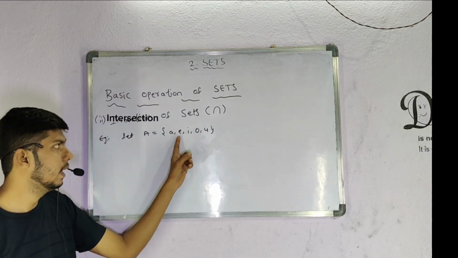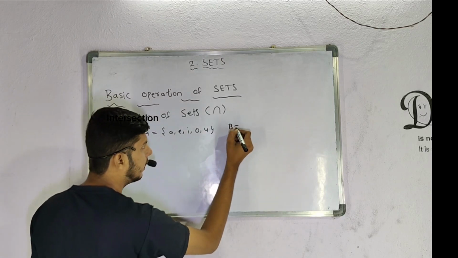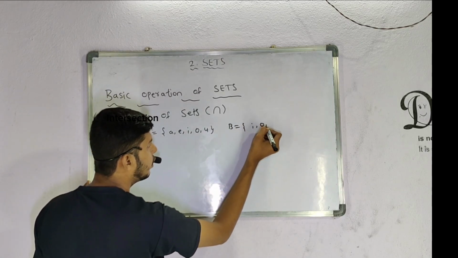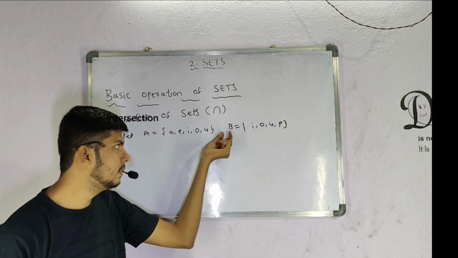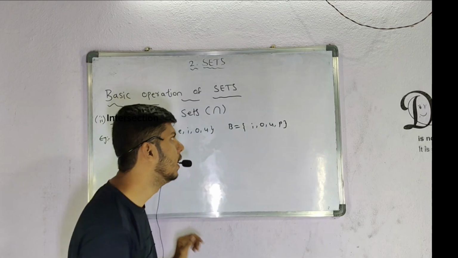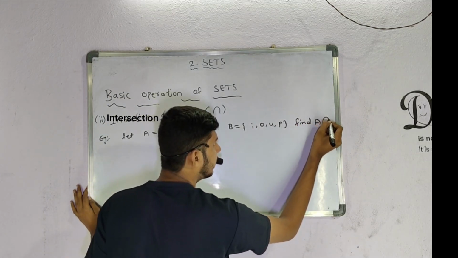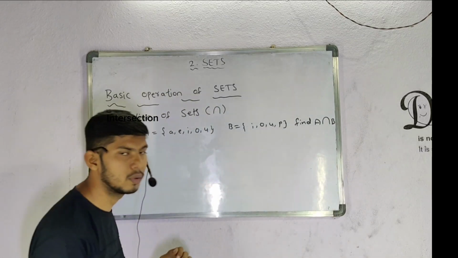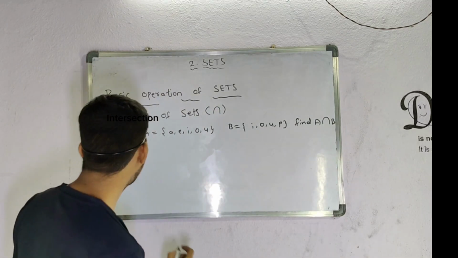And the B set has the elements I, O, U, P. Next, we have to find A intersection B. How are we going to find it?